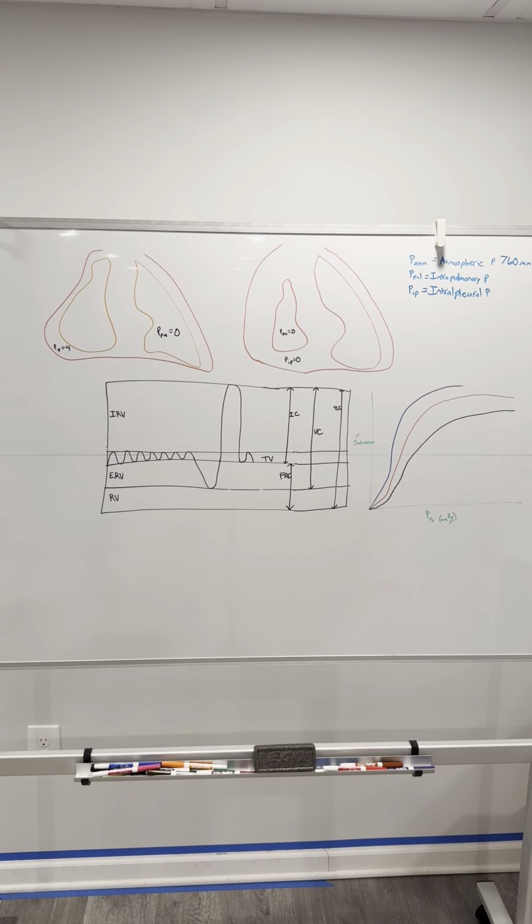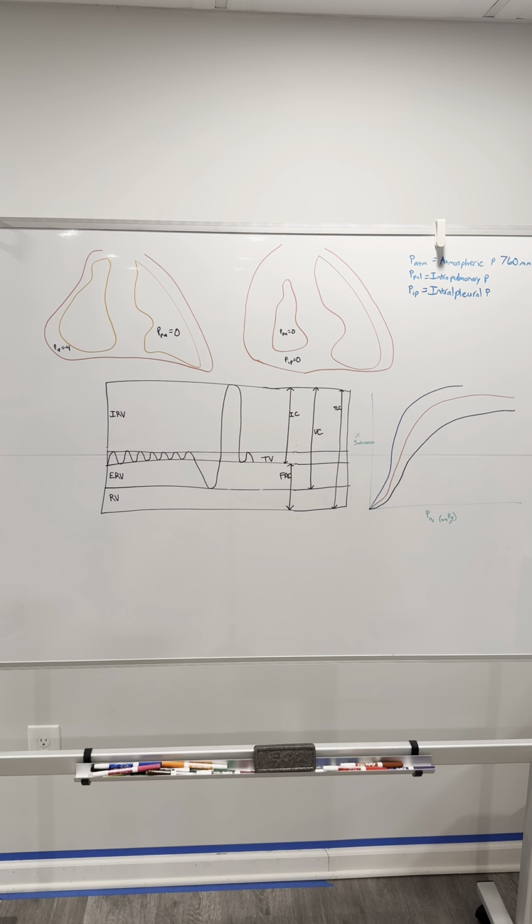So transpulmonary pressure is intrapulmonary pressure minus intrapleural pressure, okay? So this keeps the lungs open and keeps them from collapsing, okay? So the larger the transpulmonary pressure, the more open the lungs will be, okay?